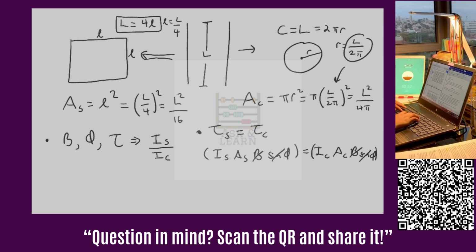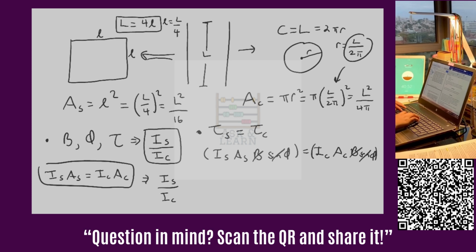So what we see is that the current through the square loop multiplied by the cross-sectional area of the square loop is equal to the current through the circular loop multiplied by the cross-sectional area of the circular loop. And from here we can solve for the quantity we're asked to find: the ratio of the square loop's current divided by the circular loop's current. If I rearrange this equation and solve for that ratio, it's equal to the ratio of the cross-sectional area of the circle to the cross-sectional area of the square.